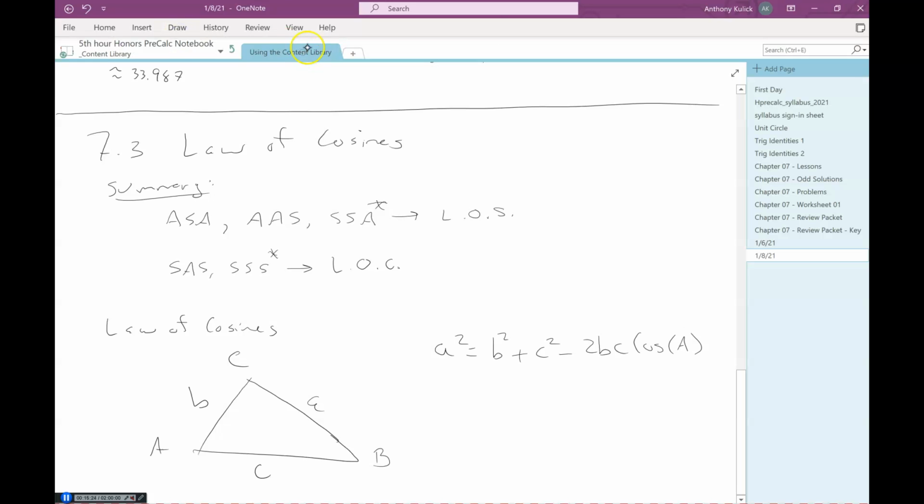The thing to remember about this is just that whatever side length you've got by itself, you're using the corresponding angle in the cosine, and then everything else, the other sides, fill in the other spots. So another version, if you put b squared out here, you're going to have cosine b, and then you just have a and c as the other two pieces, right? And then if I wanted c squared by itself, again, same idea.